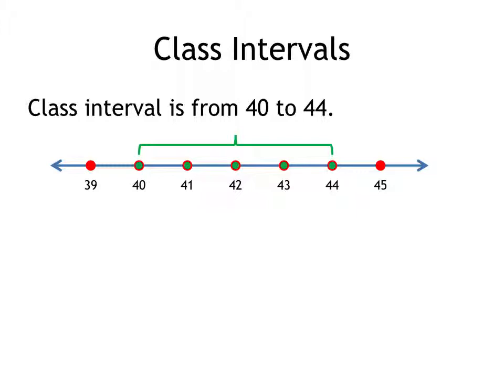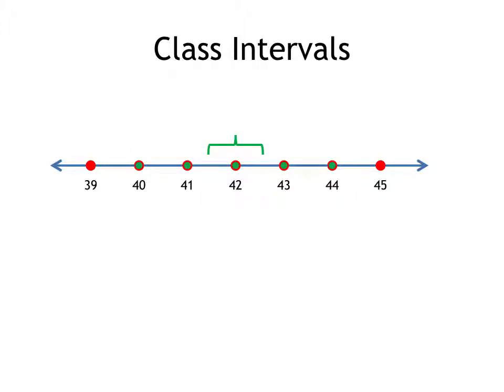In that class interval, all the scores are 40, 41, 42, 43, or 44. A score of 39 is in the previous class, and a score of 45 is in the next class interval. So 40 and 44 represent the score limits for the interval.